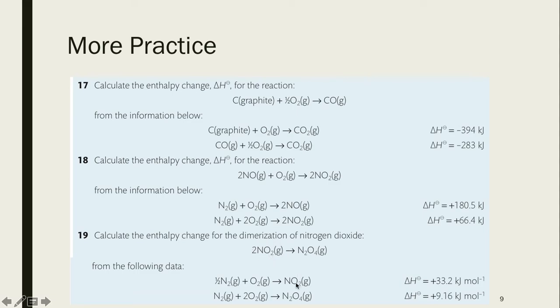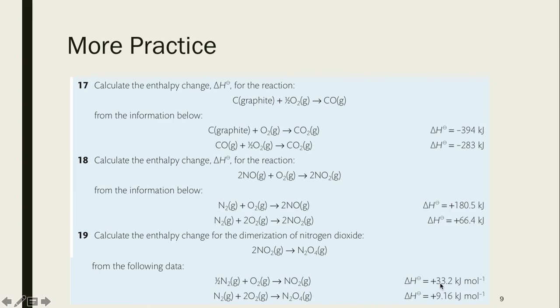The other thing to consider is that there's one NO2 in the products, but I need two of them in my reaction. So not only do I need to flip this first equation, which would also make this negative 33.2, I need to multiply everything by 2.